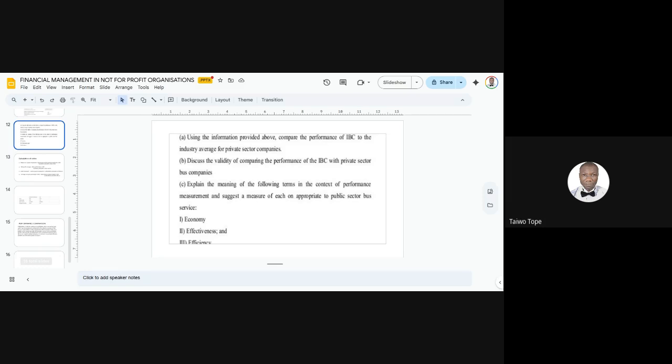So the third question: explain the meaning of the following terms in the context of performance measurement and suggest a measure of each appropriate to a public sector bus service. So in terms of economy, what can you say? We should explain the meaning, right? So you write what you understand by economy.